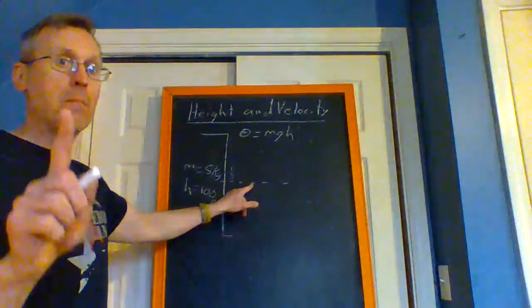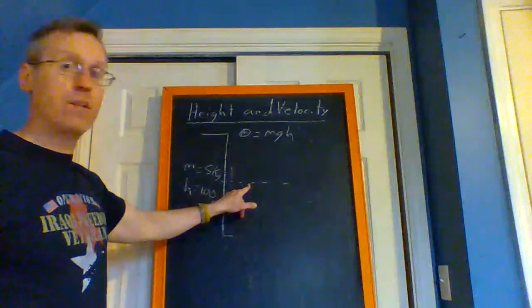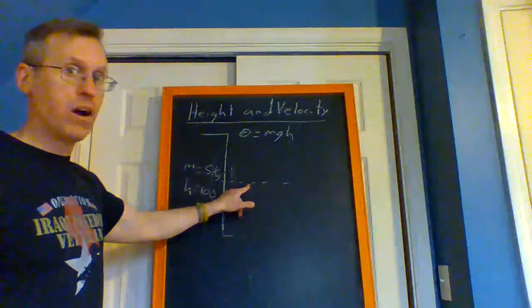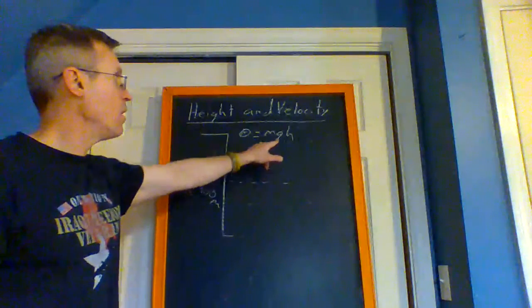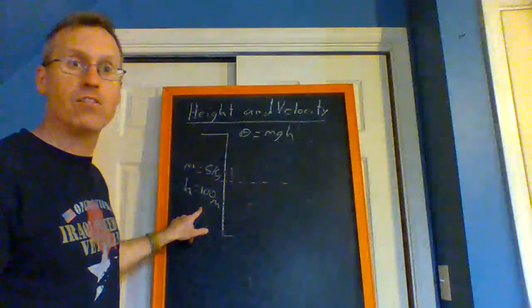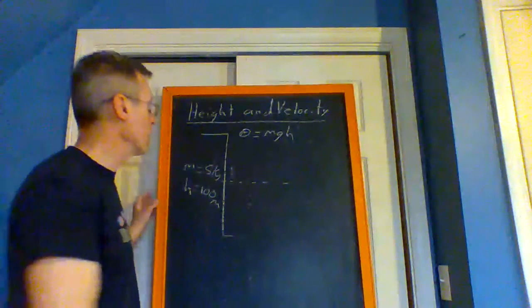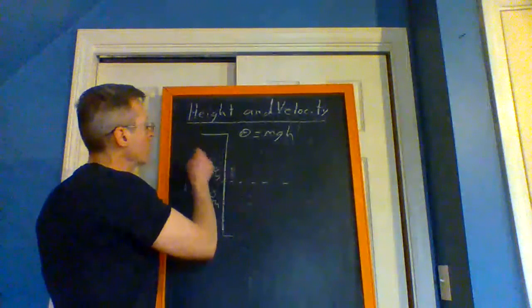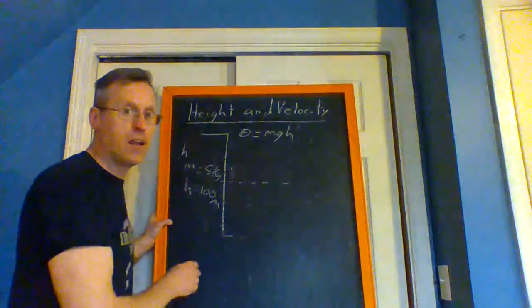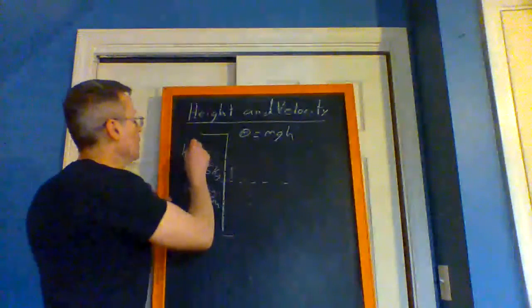Now just be careful when you do this. If you say this is the ground right there, which is fine, remember, your height now changes. If this is the ground, your height is not 100 meters anymore, it's 50 meters. So instead of H, I'm going to write H prime, a little tick mark there.